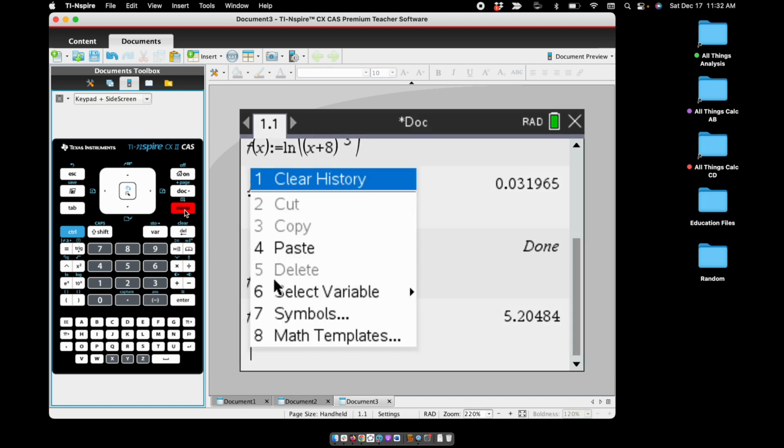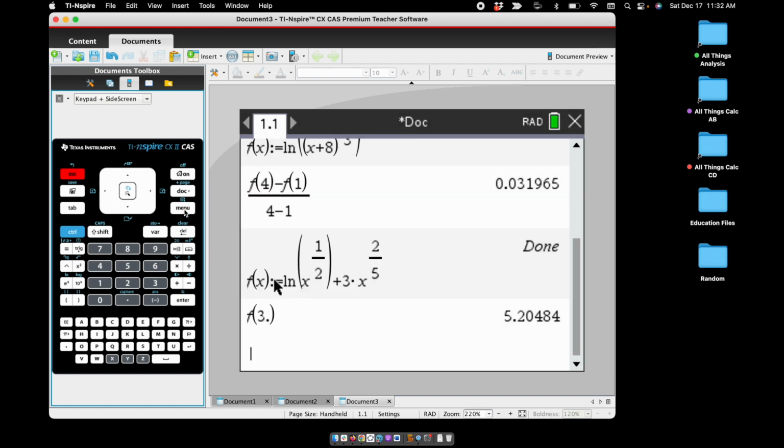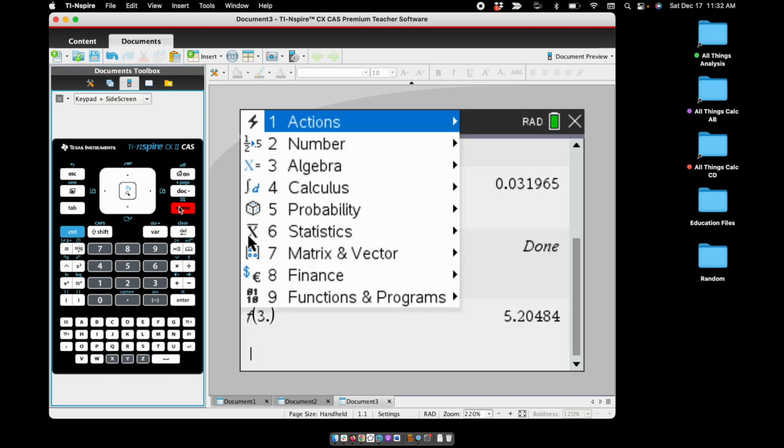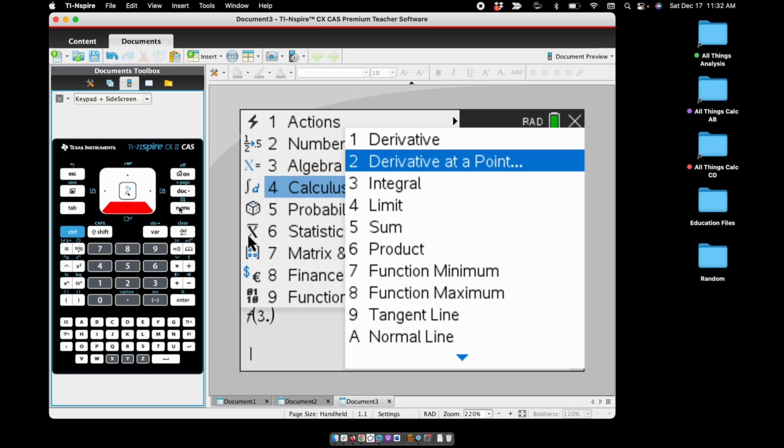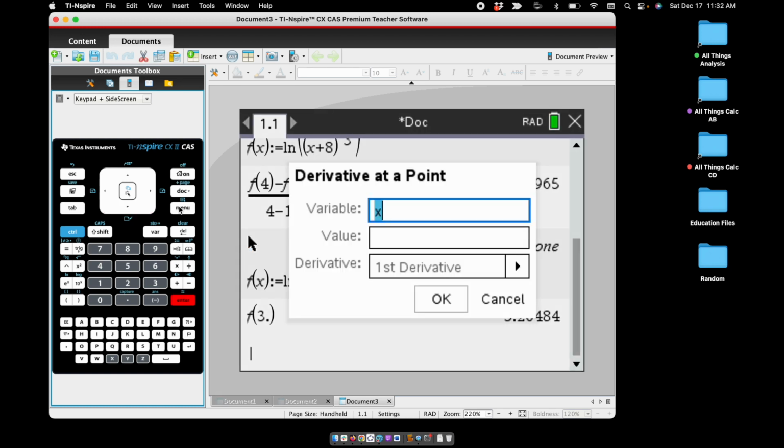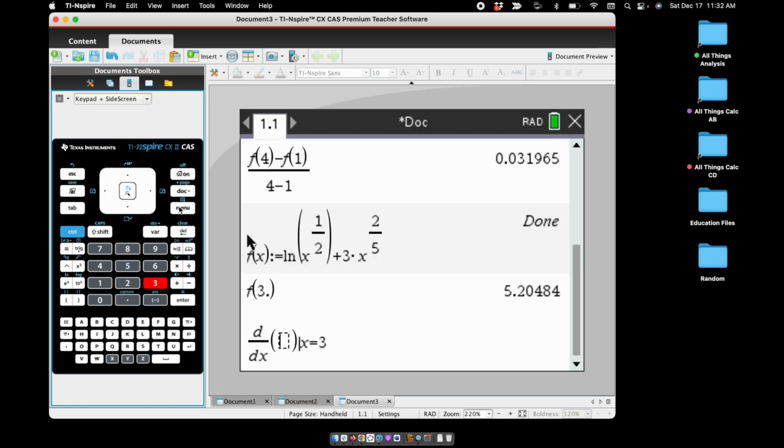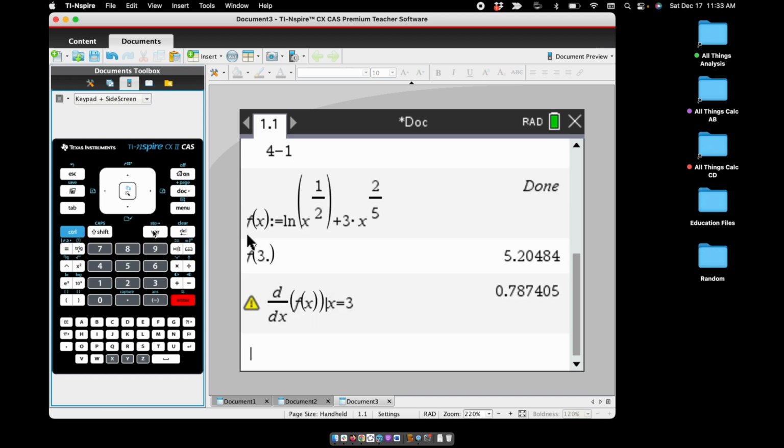I'm going to use derivative at a point. Menu, calculus, derivative at a point. X is my variable, 3 is the point, and then I want f of x, so I'll just press the var key here. F of x, and then control enter.